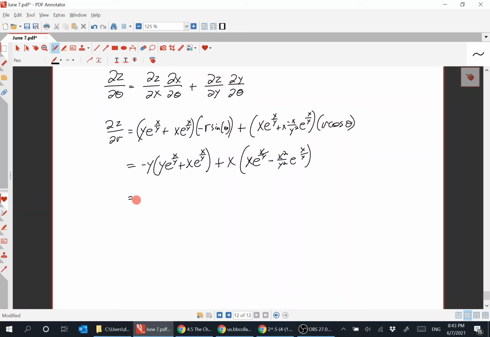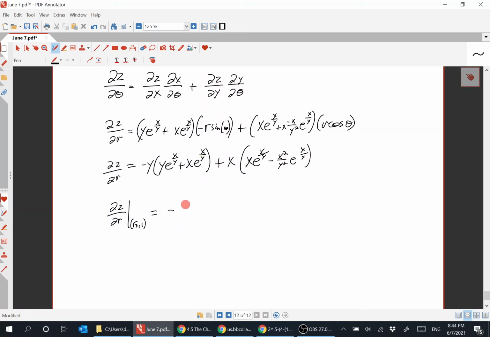So dz/d theta, the whole thing is now in terms of x, y, which is root 3 and 1. So we get minus, so that's e to the root 3. This is e to the root 3.